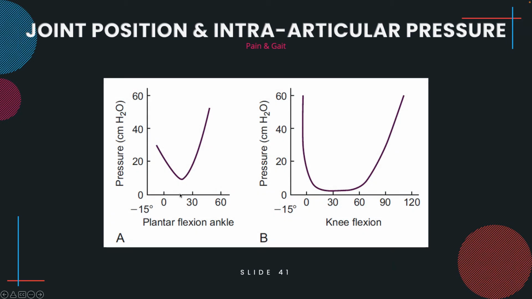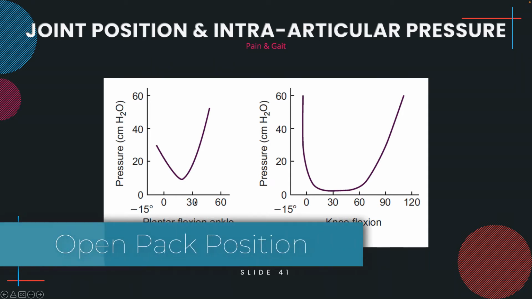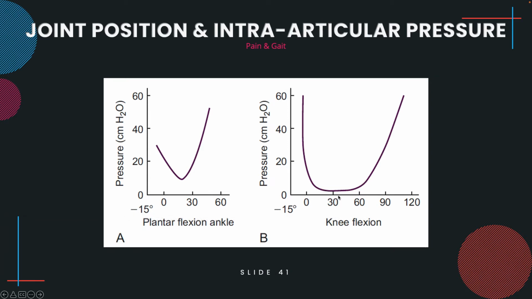Here we have a chart that looks at the position of certain joints and how it relates to the amount of pressure that's within the joint. In A, we see that the ankle joint pressure is the least when the ankle is at 15 degrees of plantar flexion, and knee joint pressure is the least when the knee is at about 30 degrees of flexion.